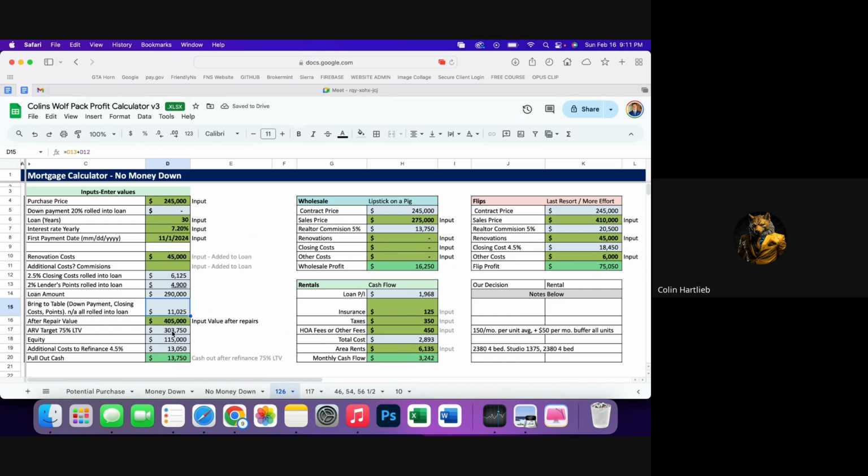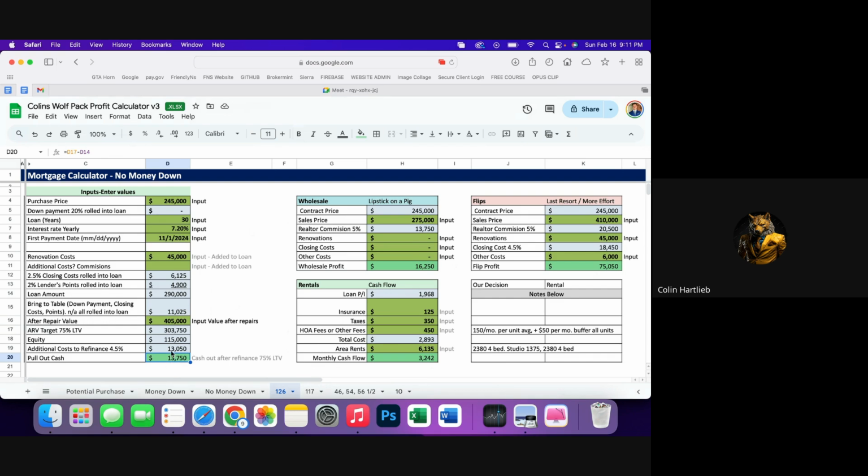And then your loan amount does change because you're adding less money to the loan amount, because you were adding these before and now you're not, which is why this number is higher, which means this is the amount that you can pull out in cash if you wanted to keep the property.